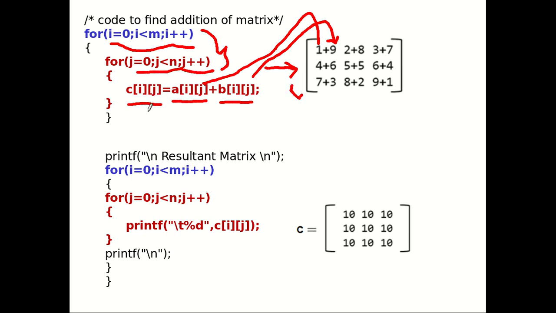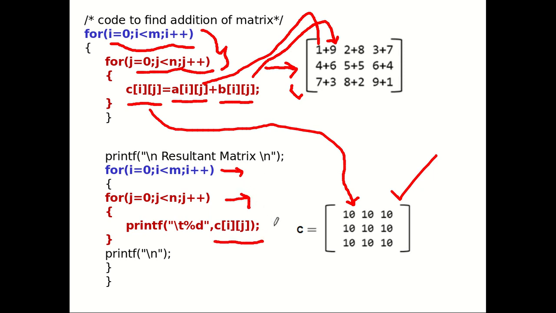C. The result will be stored in the 0th row and 0th column of matrix C. So next what we do, once after addition, the result matrix will be constructed. So to display the value of the result matrix, again we read row wise, column wise, each and every element of the matrix in this manner, and we will display it on the screen.